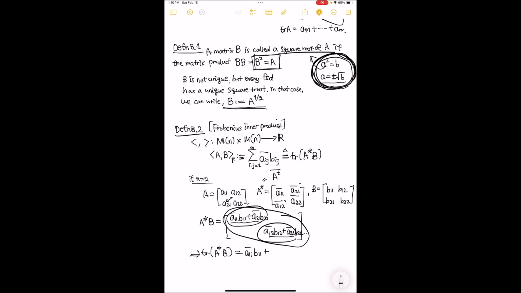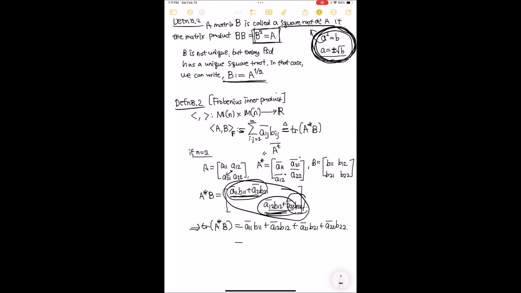The trace means the addition of the diagonal components. So if we write this out, we can express it as the sum over i and j from 1 to 2 of bar A ij B ij.